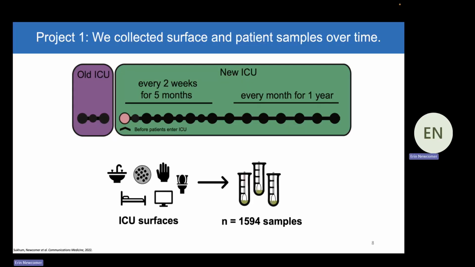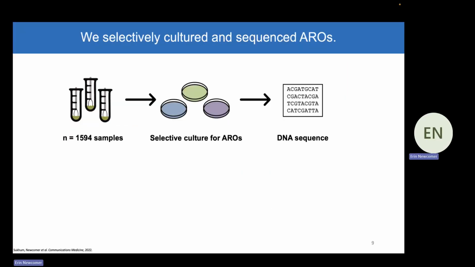At each of these sampling time points, we collected swabs from several different ICU surfaces like sink drains, sink surfaces, the floor, and bed rails. In total across this study, we collected nearly 1,600 samples. For all of these samples, we selectively cultured 4 different antimicrobial resistant organisms, and once we identified these isolates, we subjected them to whole genome sequencing.